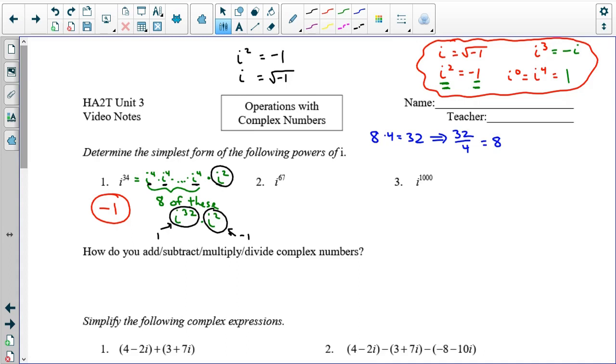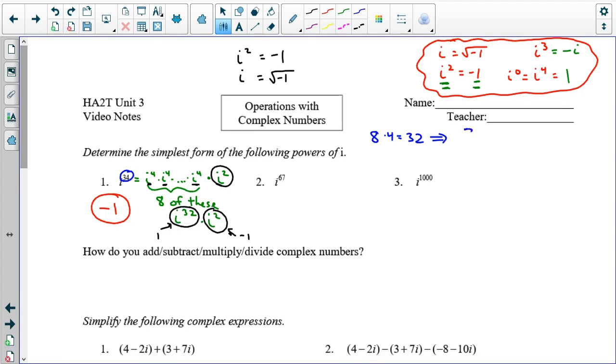Now, why did I choose 32? Because 32 is the number that is closest to 34 that's actually divisible by 4. Well, how can I actually figure that out without doing too much craziness and trying to figure out what's divisible by 4 if I don't really remember the divisibility rules for 4?